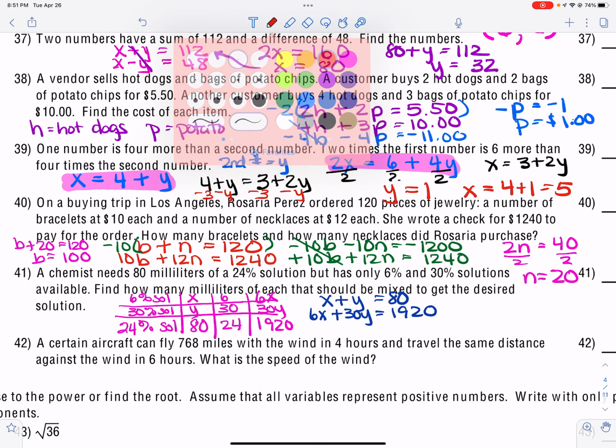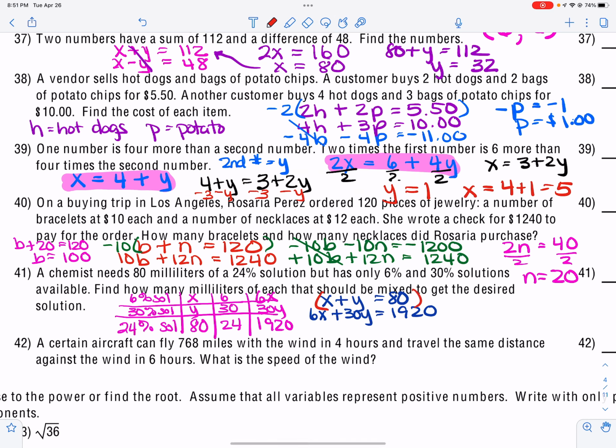I would multiply this top equation by negative 6, so that I get, and I'm just going to write it underneath, negative 6x minus 6y is equal to negative, that is what, 480.